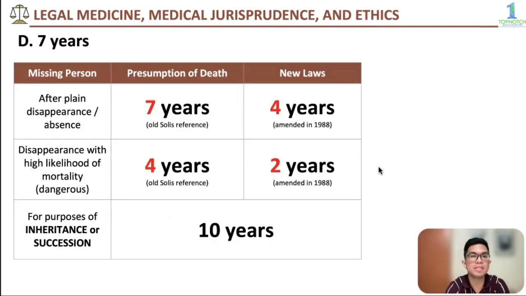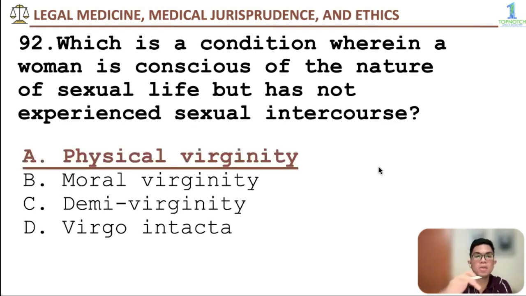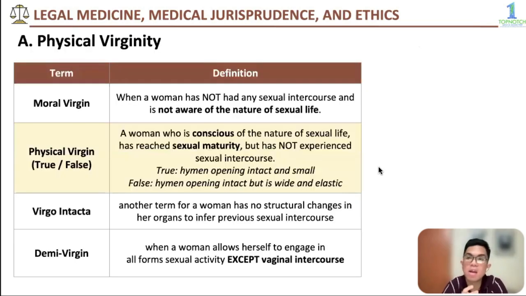Okay? Next. So, it is a woman who is conscious of sexual life but has not experienced sexual intercourse. That is a physical virgin. So, yung moral virgin, so they are not aware of the nature of sexual life. So parang baby pa, hindi pa niya alam. Okay? And then a physical virgin, they know, they're conscious about sex and the like. They have reached sexual maturity, but they have not had sexual intercourse.